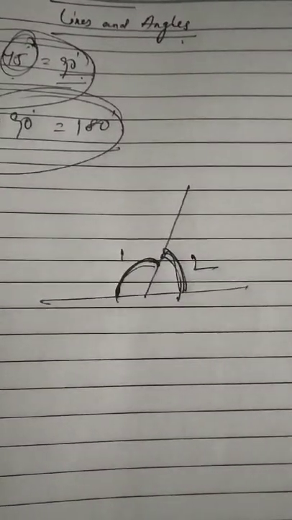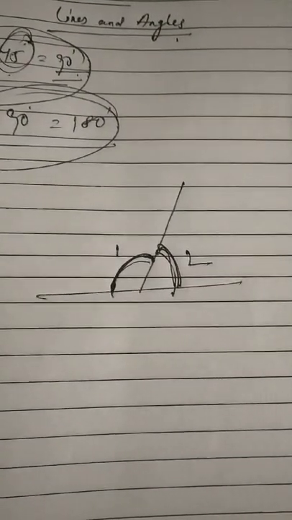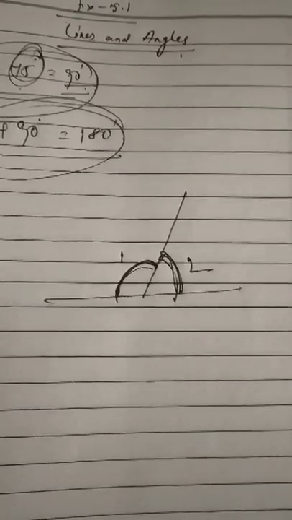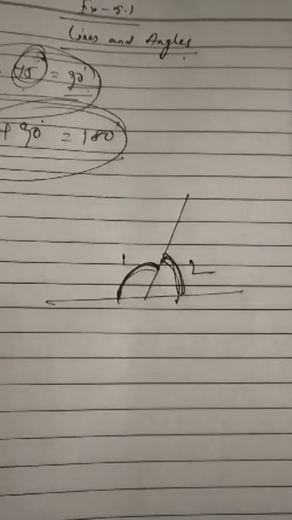They are adjacent angles. You might be thinking, sir, what is the meaning of adjacent? The meaning of the word adjacent is when two angles are separated by a common line or common line segment. Here we can see it's a common line segment.